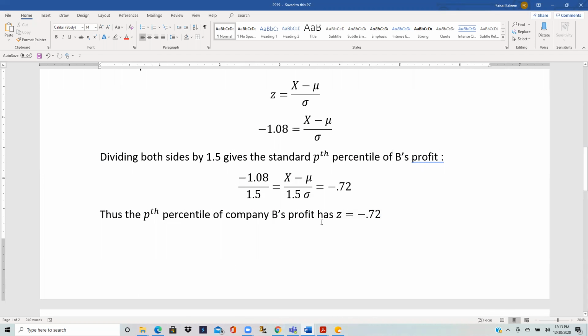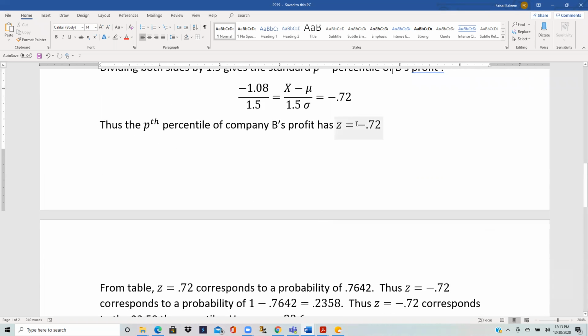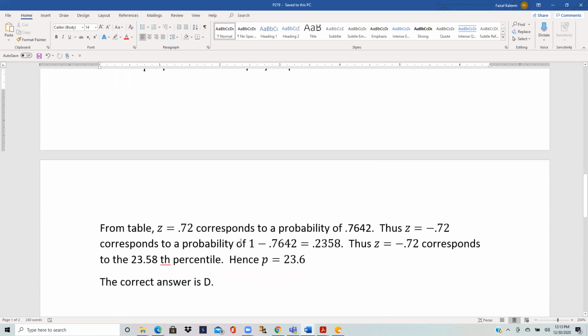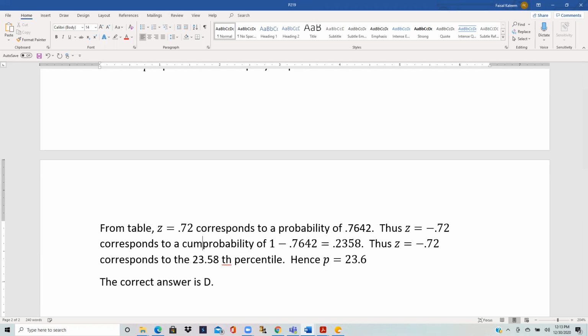So that means that for Z equals negative 0.72, the cumulative probability will be 1 minus 0.7642. Maybe we should write cumulative here. 1 minus 0.7642 equals 0.2358.